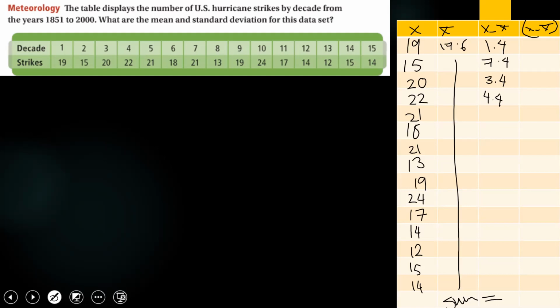Here 3.4. Here 18 minus 17.6, which is 0.4. Here 21, we have 3.4. And 13, we have negative 4.6. In 19, we saw this before, which is 1.4.